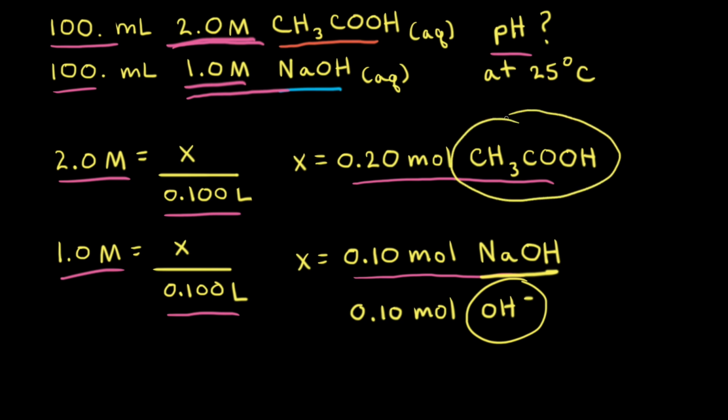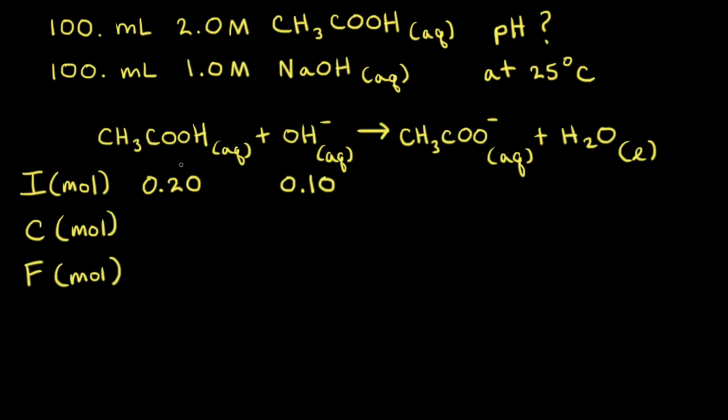So our next step is to look at the net ionic equation for this weak acid strong base reaction. In the net ionic equation, acetic acid reacts with hydroxide anions to form the acetate anion and water. Because this neutralization reaction goes to completion, we draw an arrow going to the right instead of an equilibrium arrow.